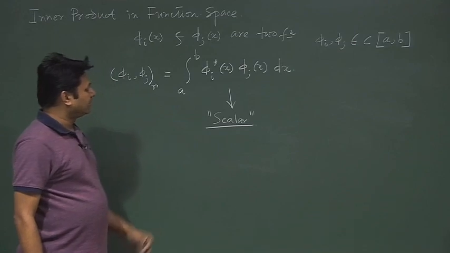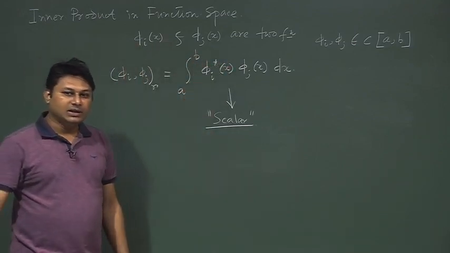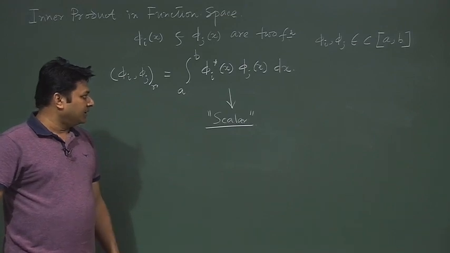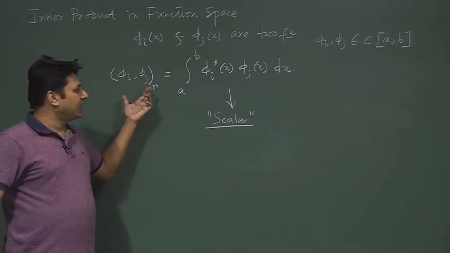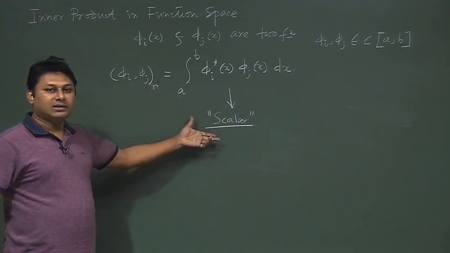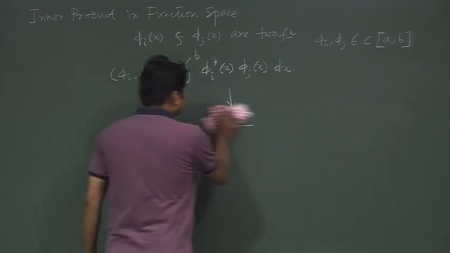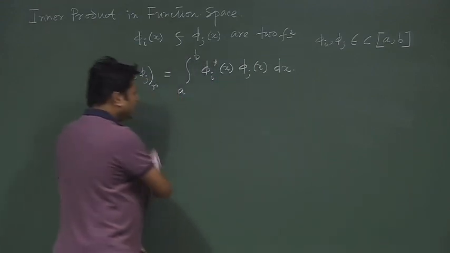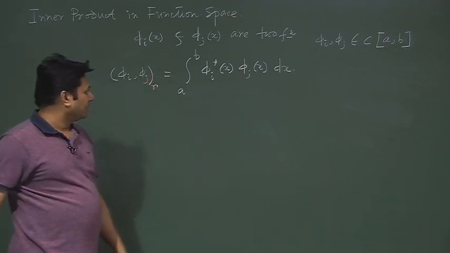So this definition is obeying the fundamental rule of inner product, that an inner product gives as a result a scalar quantity or some number. So by definition we have this as my inner product, fine.